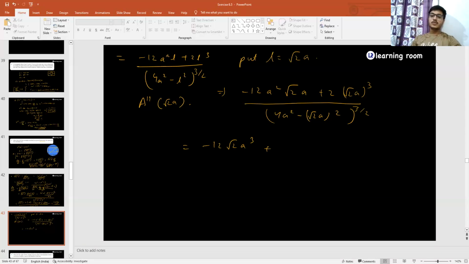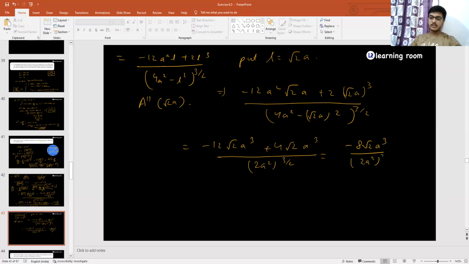So 2 root 2 into 2, that is 4 root 2 a cube, upon 4a square minus 2a square, which becomes 2a square to the power 3 by 2. So it becomes minus 8 root 2 a cube upon 2a square to the power 3 by 2.